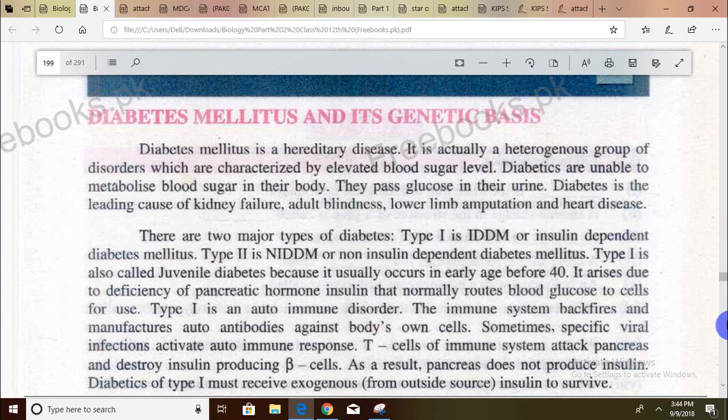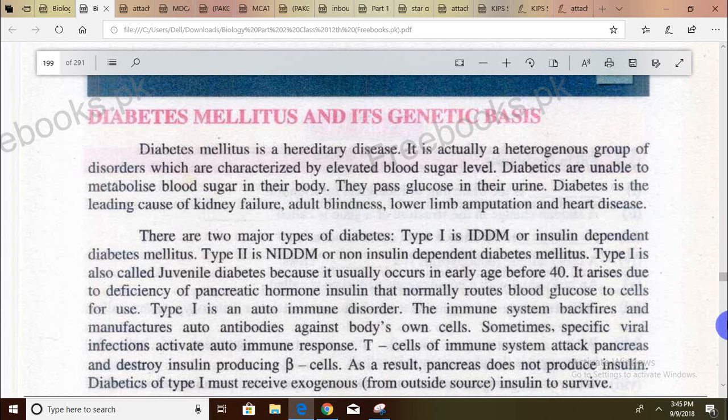So you can write this, that type 1 develops in early age and most certainly before 40, usually much earlier, and it arises due to deficiency of the pancreatic hormone insulin that normally routes blood glucose to cells for use.